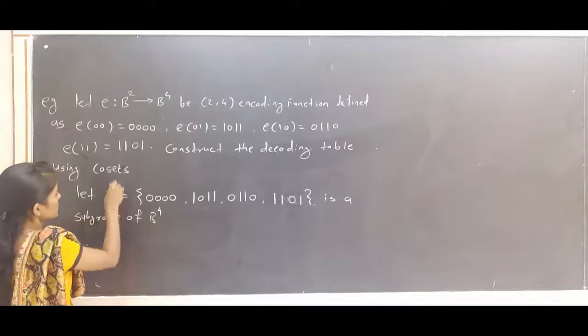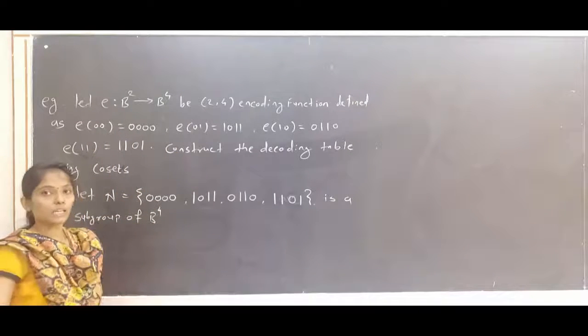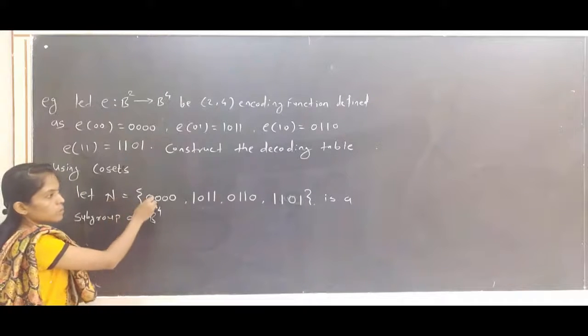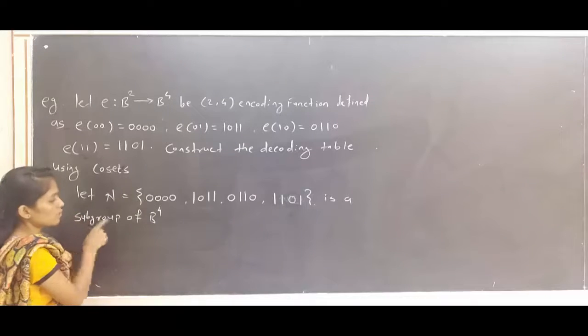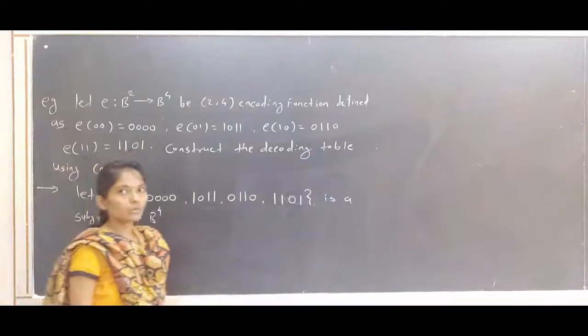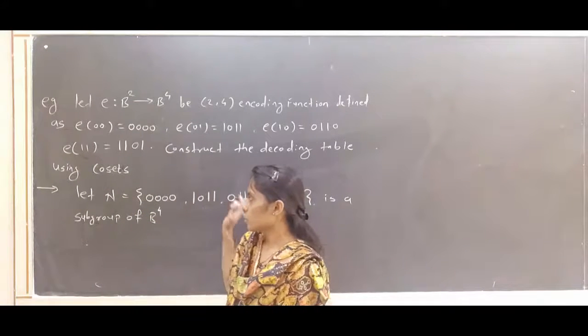Okay, so N is nothing but e(00), e(01), e(10) and e(11). Okay, these are the code words. So here N is a subgroup of B⁴. Now here we want to find all the left cosets.